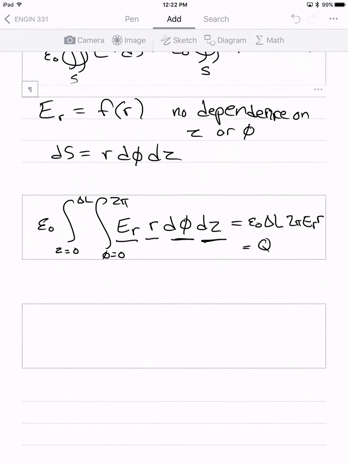But that is going to mean that E sub r, the magnitude of our r-directed electric field intensity, is q over 2 pi delta L r epsilon naught.